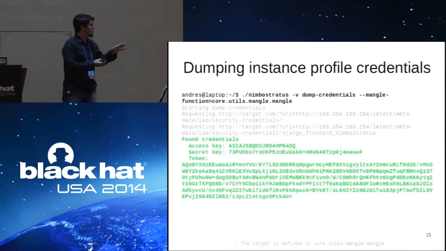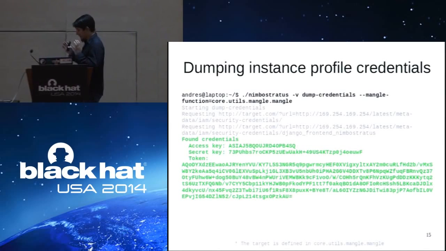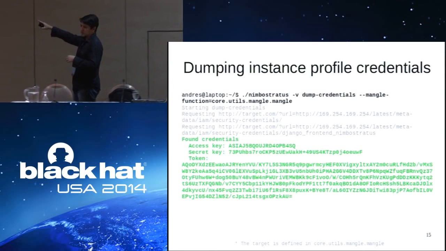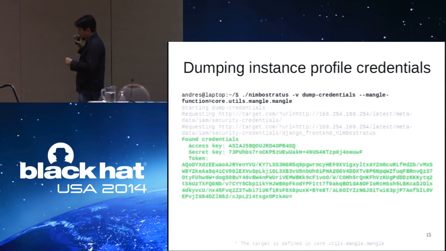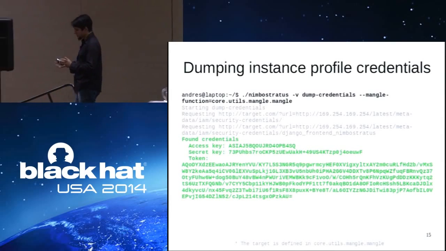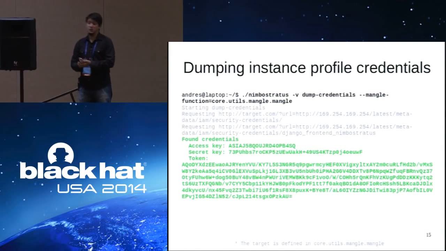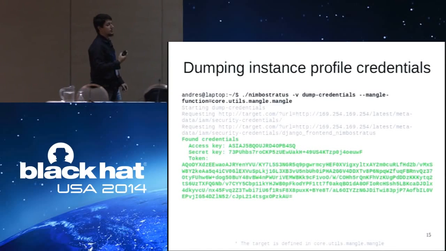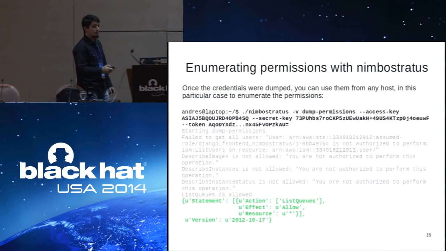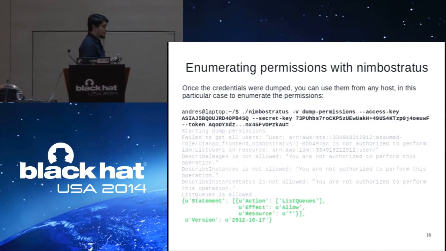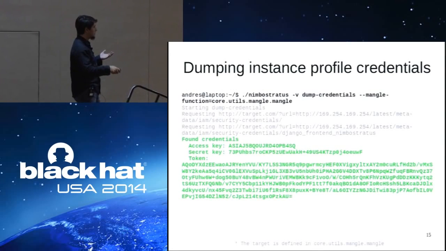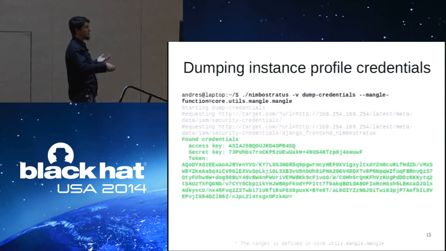If you configure those in your local workstation and you access Amazon services, you're going to be impersonating and you are going to have the same permissions as the EC2 instance that you're attacking and from where you retrieved those credentials. But the first thing is that you only have 3 strings that don't tell you anything.